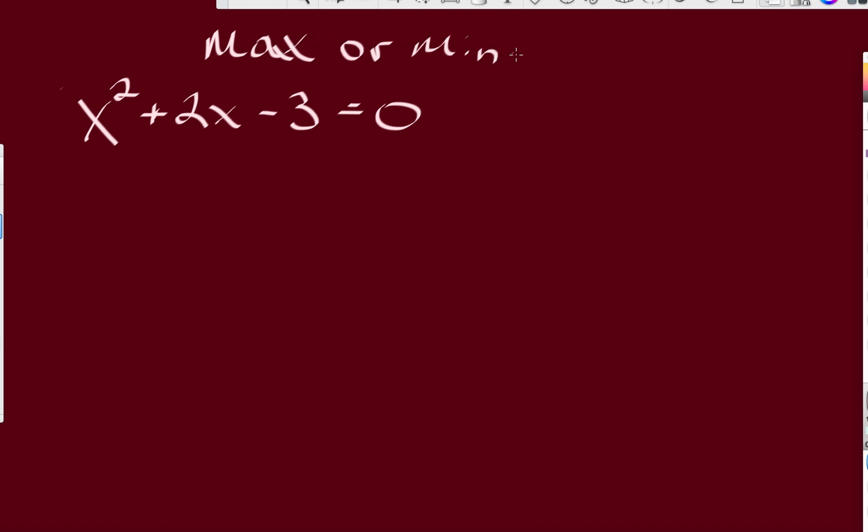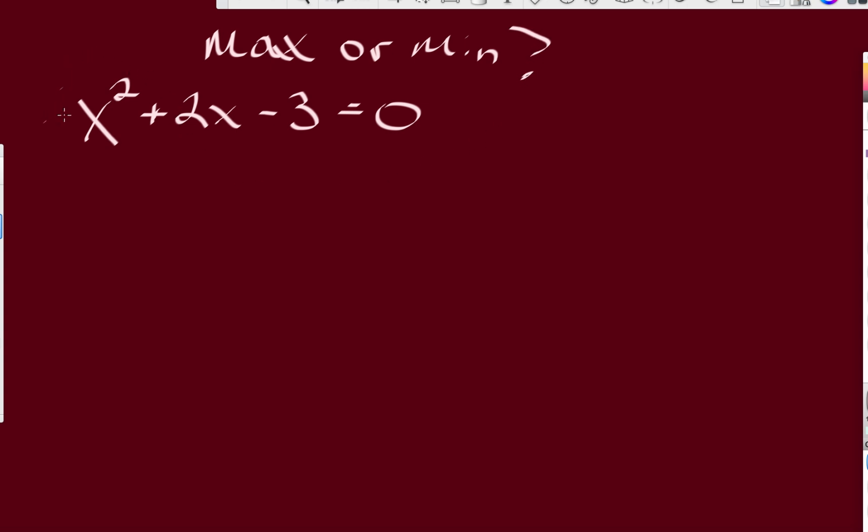Let's just say x squared plus, let's make it a nice easy one, plus 2x minus 3 equals 0. Okay, so the question is: does it have a maximum or a minimum? Does it have a max or a min?